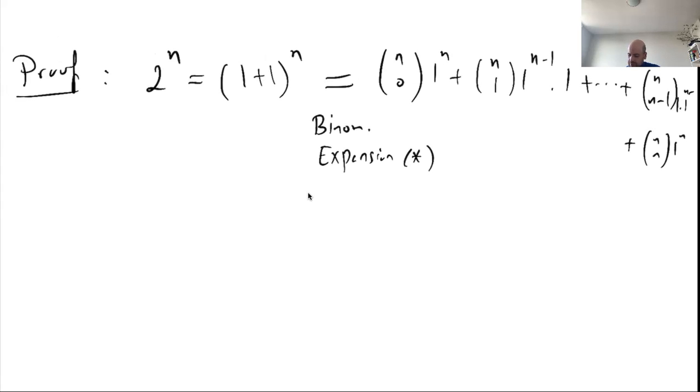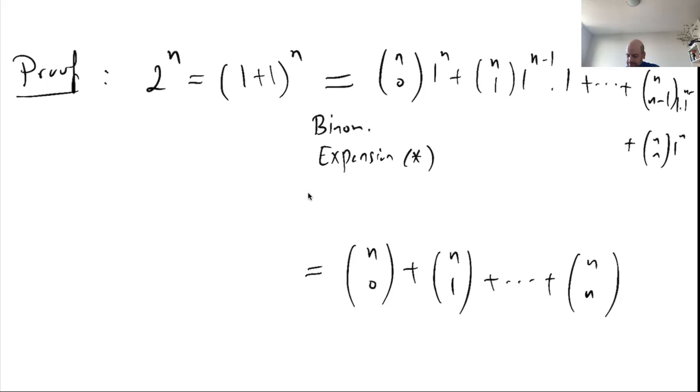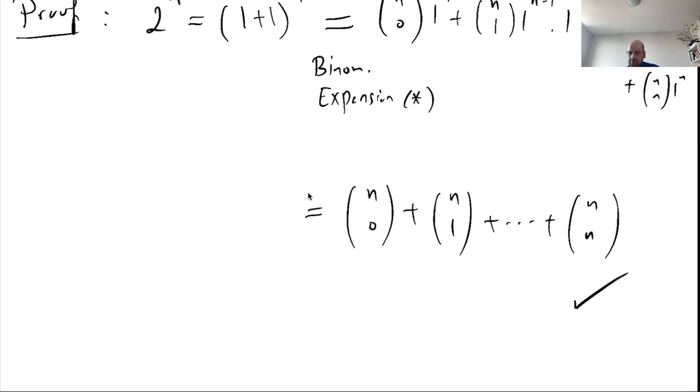But 1 to any power is 1. So this is equal to n choose 0 plus n choose 1 all the way to n choose n. Okay, so this was another property.